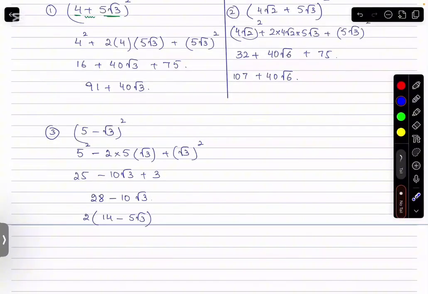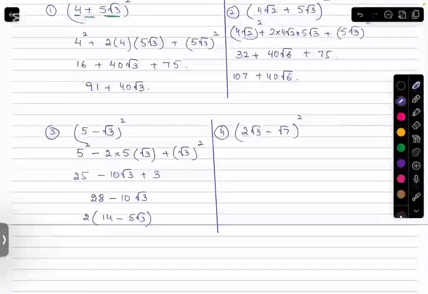चलें, एक और सवाल और वो आप लोग मुझे करके बताएंगे जल्दी से. I'll be waiting for your answer. Let's say it is 2 root 3 minus root 7 the whole squared. चलो, give me the answer.